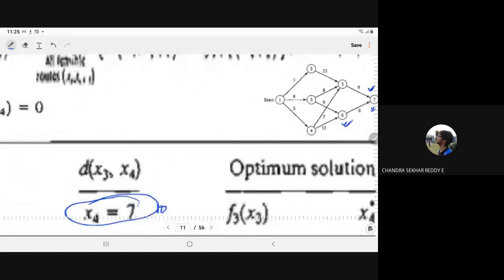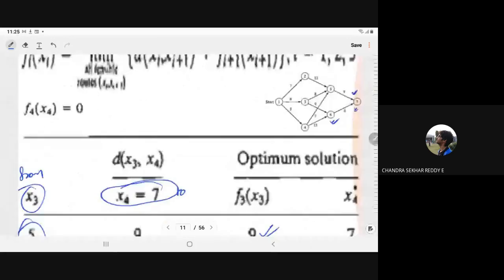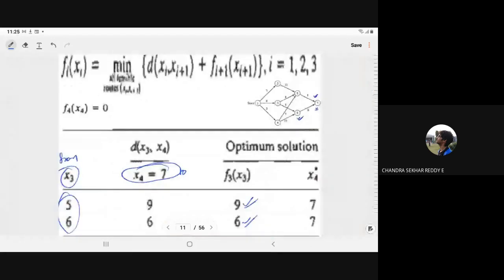In this way we make the table. So the optimal value for state x4 in stage 3 comes from 7.